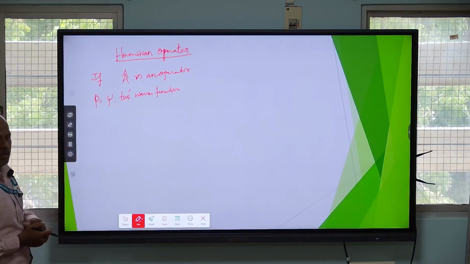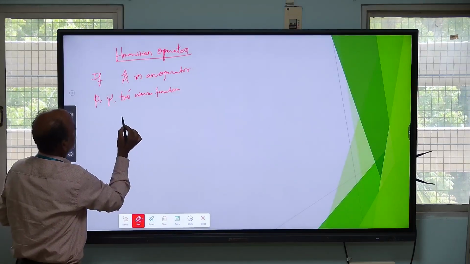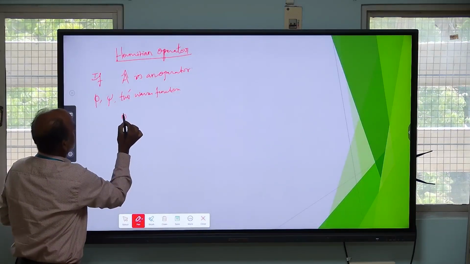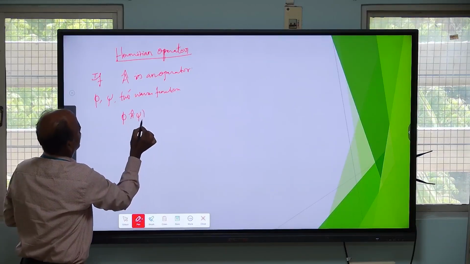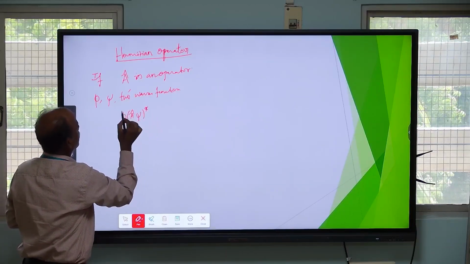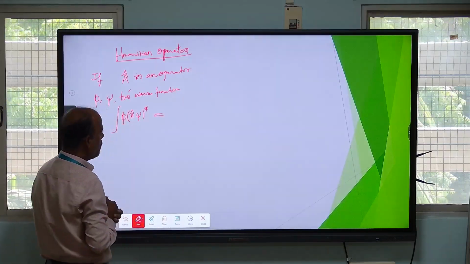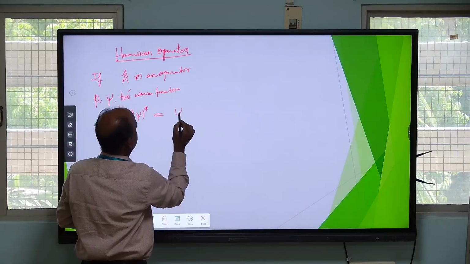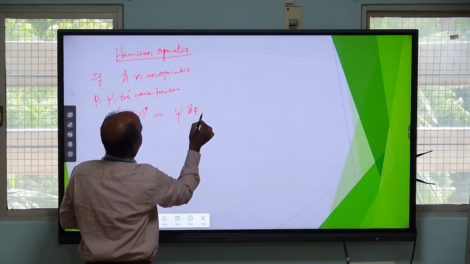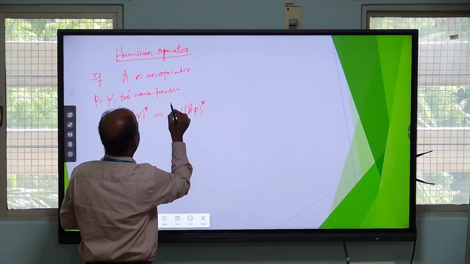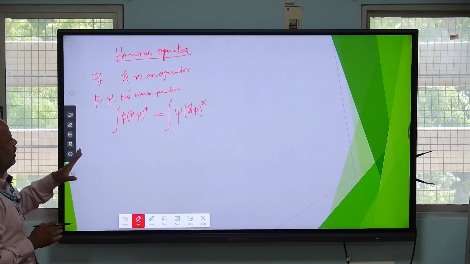then the operator operates on these functions such that the integral of phi A psi star equals, this is the condition for the Hermitian.